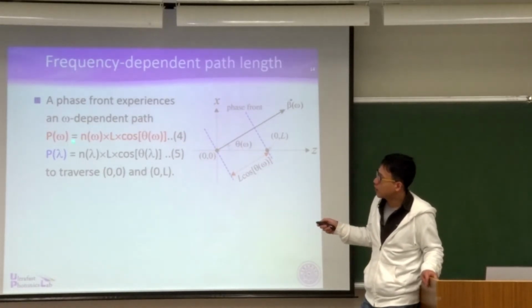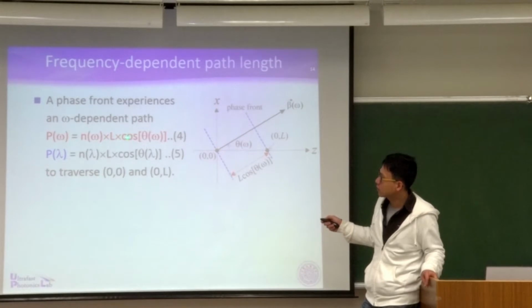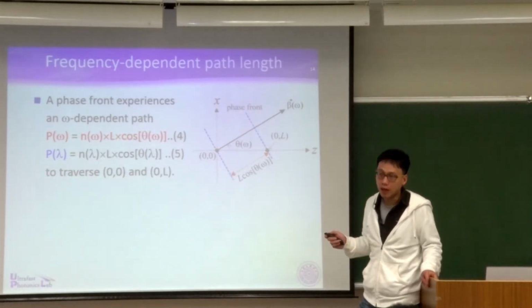In terms of variable omega, P as a function of omega equals n times L times cosine theta.